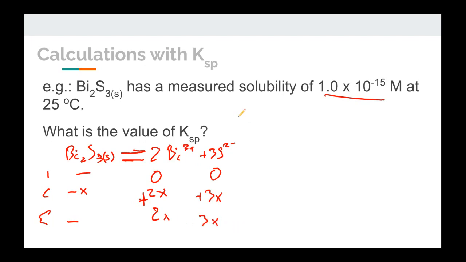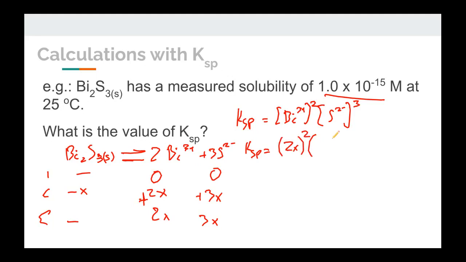So Ksp, well, that's going to be equal to concentration of Bi3+ squared times concentration of S2- cubed. But in terms of our chart, that means Ksp is going to be equal to (2x) squared times (3x) cubed. And that's going to end up being 36x to the 5th.